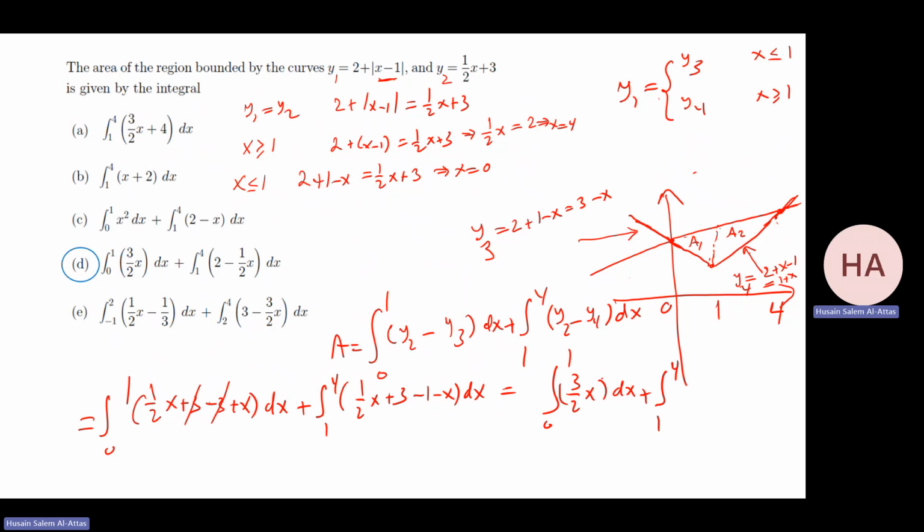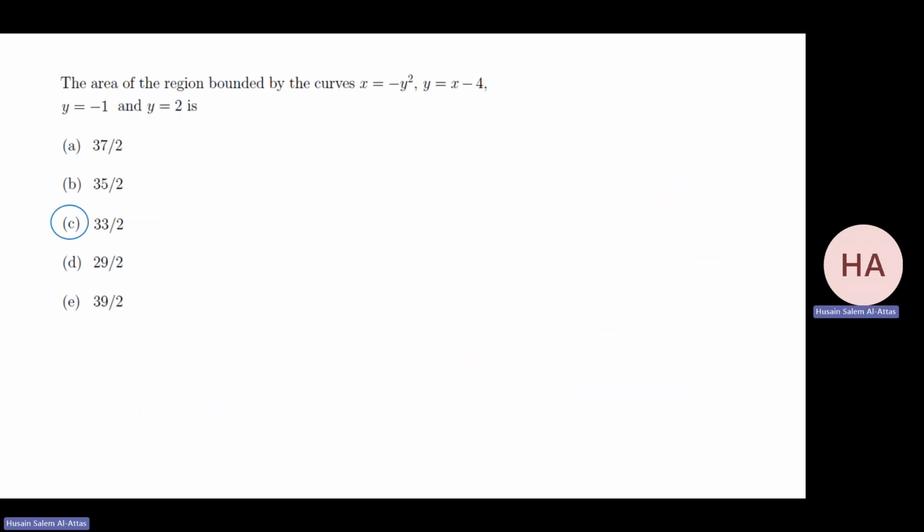From 1 to 4 it will be 2 minus half x dx. Very clear. It's not difficult, but it needs some calculation. Be careful with the calculation.